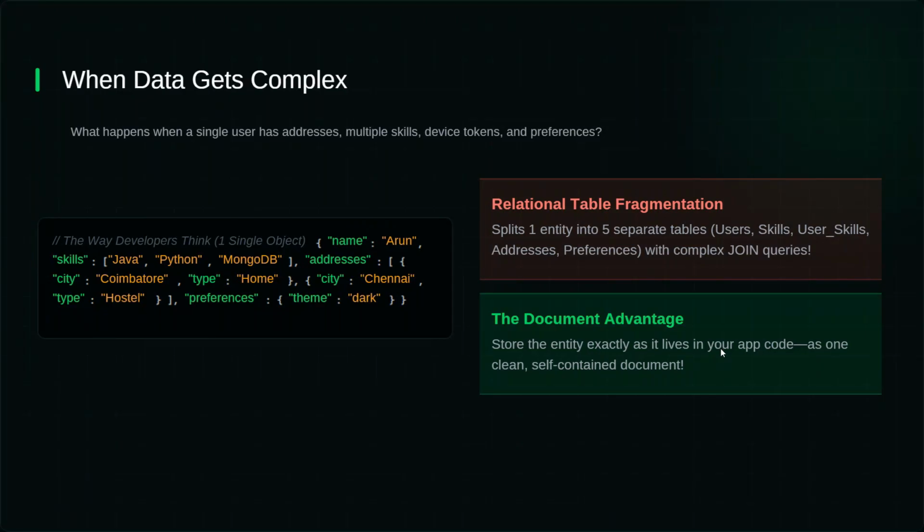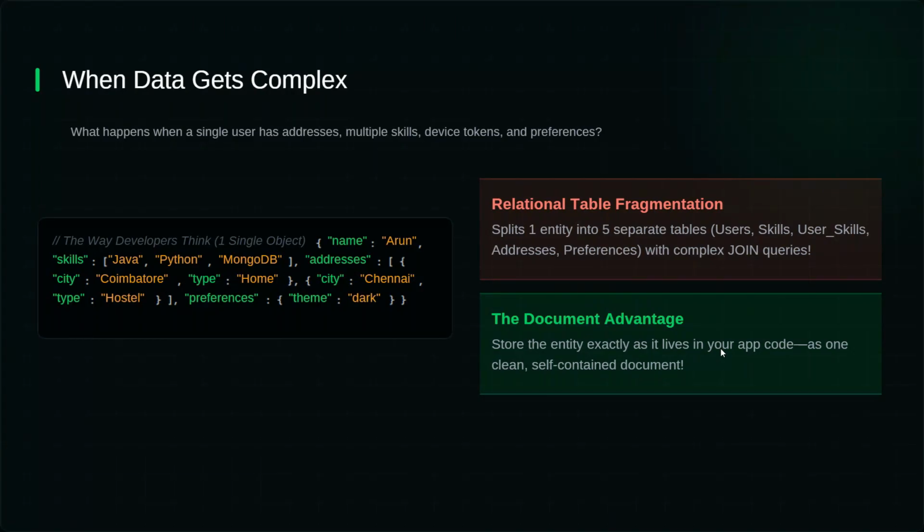You are forced to chop that single entity into separate tables like user skills, addresses, preferences, and whatever you need, and stitch them back together with complex joins. The document advantage is simple. Store the entity in the database exactly as it lives in your code as one clean self-contained object.